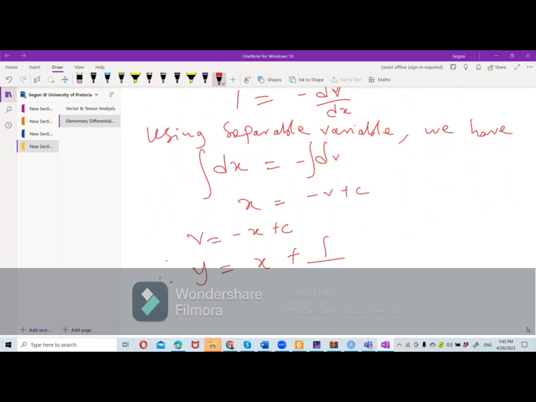When you have 1 over v, just substitute it: minus x plus c, which implies y is equal to x plus (minus x plus c) raised to power minus 1. That's the end. That's the final solution for that problem.